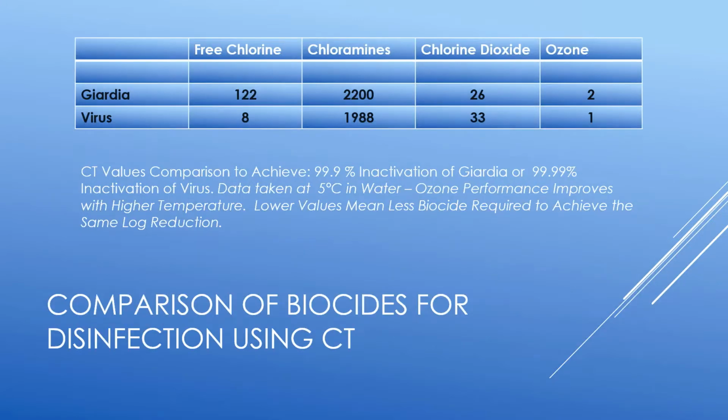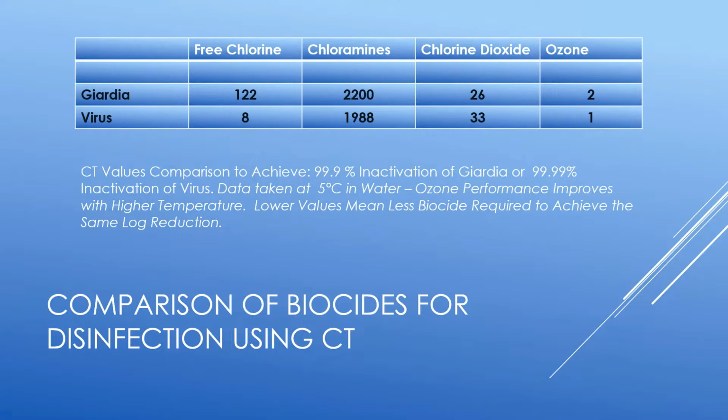Comparing ozone to other biocides, for the inactivation of Giardia, which is an encysted microorganism that is very difficult to kill, and viruses at the 99.9% and 99.99% or 4-log reduction levels.